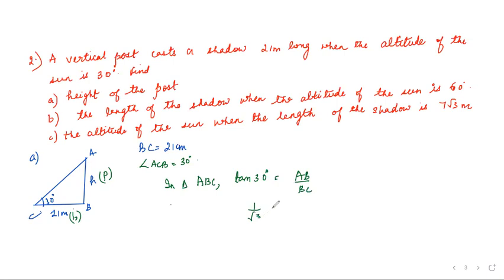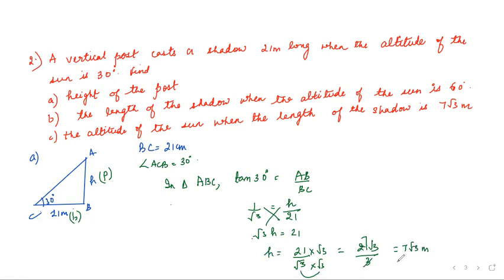Tan 30 is 1 by root 3, which is equal to H by 21. If we cross multiply, we get root 3 H is equal to 21. H is 21 by root 3. But since we cannot have a root in the denominator, we multiply root 3 to both numerator and denominator. So 21 root 3 by root 3 into root 3 is 3. 3 sevens are 21. So 7 root 3 meter is the height of the post.